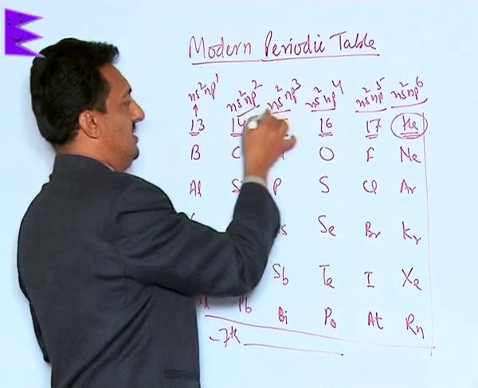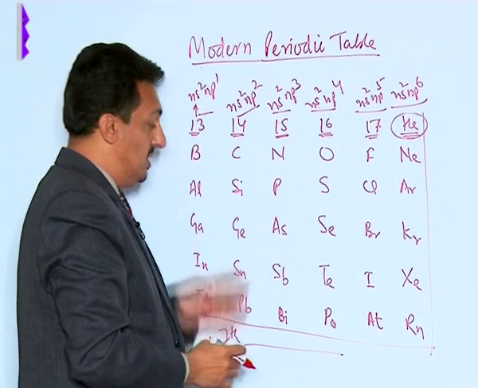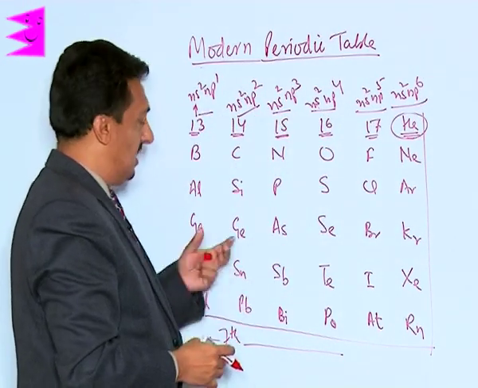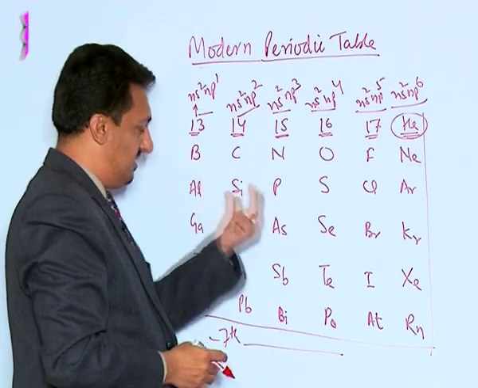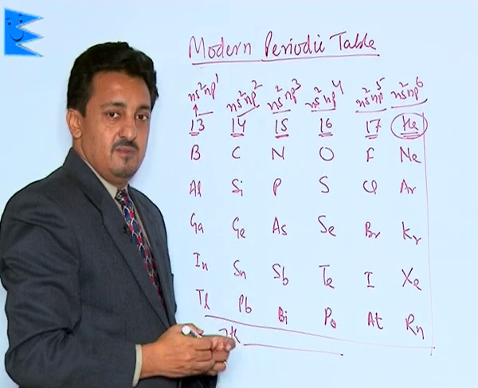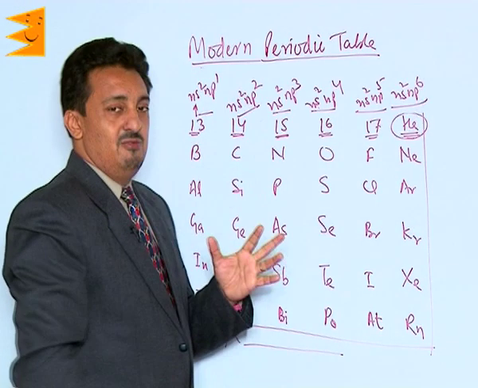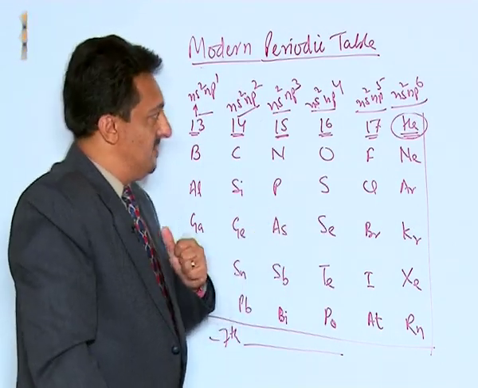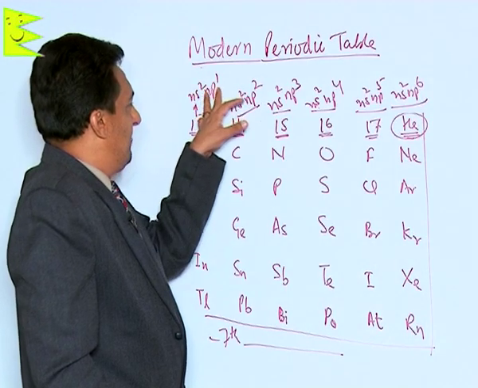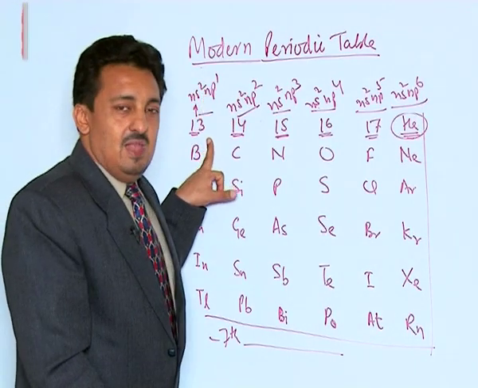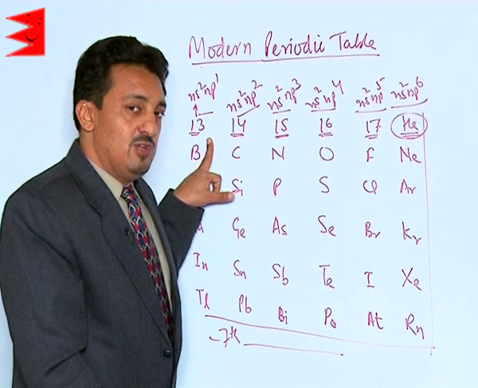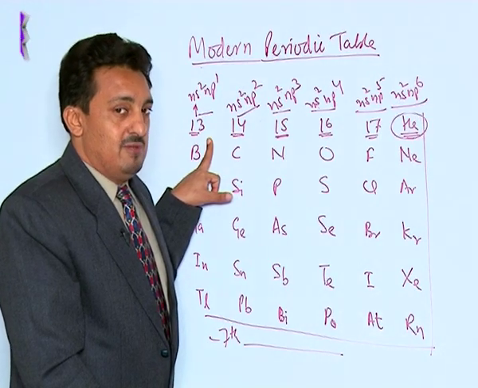With the help of this we can find out the number of valence electrons. Here the number of valence electrons is 3, so they belong to the 13th group, because as I have told you, the valence electrons equal the group number minus 10.